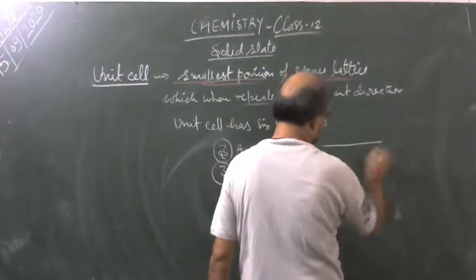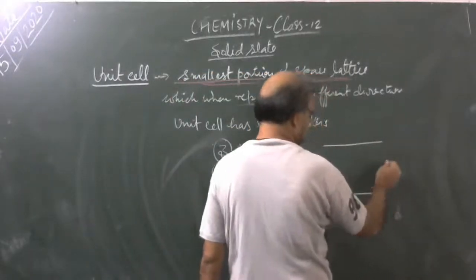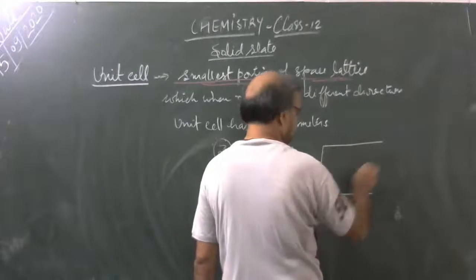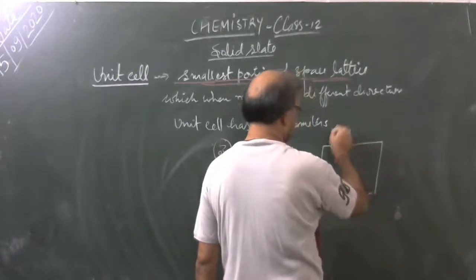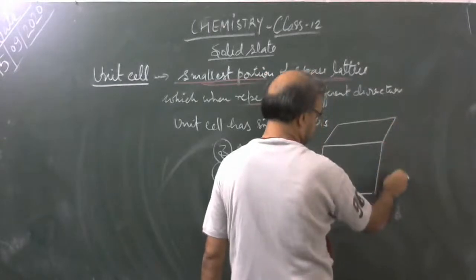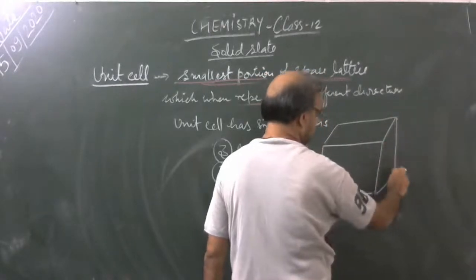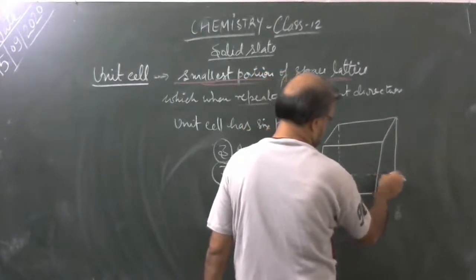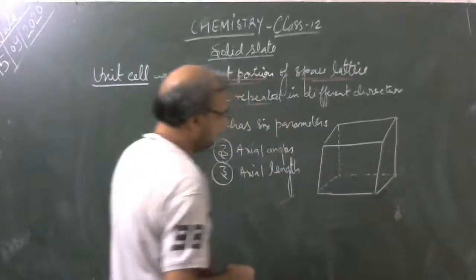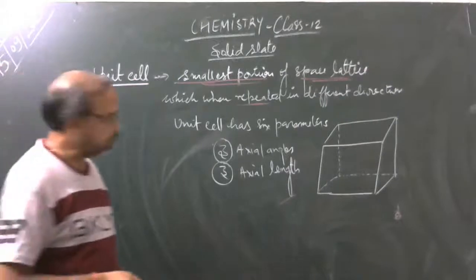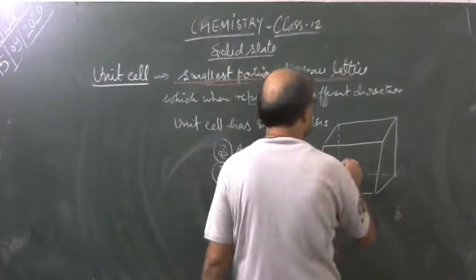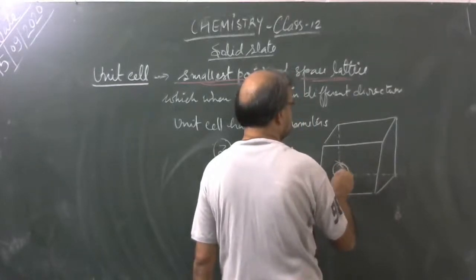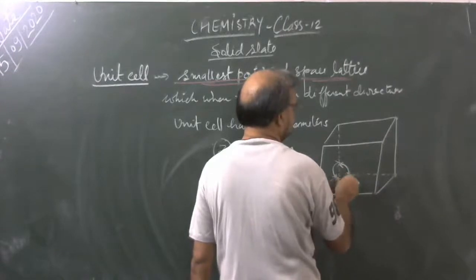Suppose this one is the unit cell in three-dimensional structure. One angle is this, another angle is this, and another angle is this.